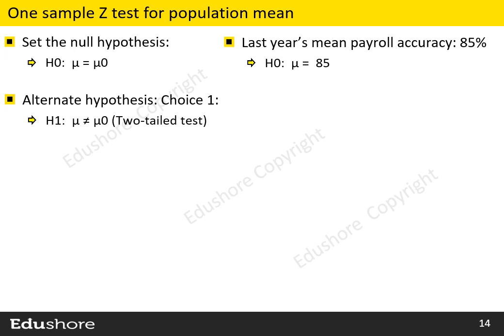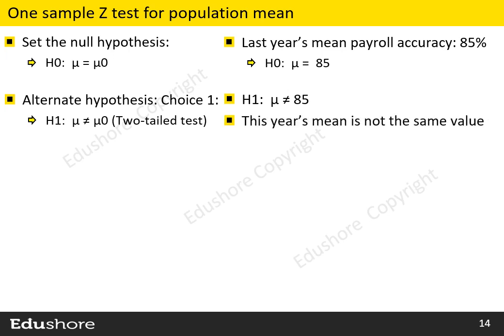When we apply this statement to the given example, the alternate hypothesis statement is as follows. H1 is mu is not equal to 85, which means we are proposing the alternate hypothesis as the current year's mean mu is not the same as the last year's mean mu naught, which is 85. In other words, this year's mean may be less than 85 or more than 85, but not equal to 85.